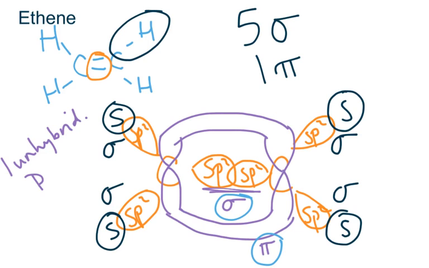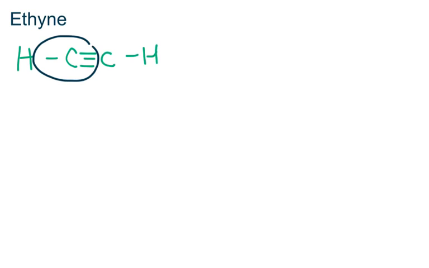All right, so we have one last example, and this is ethyne. Ethyne has a triple bond between the carbons. This time each carbon only has two areas, or two things attached. So the hybridization for each carbon is going to be sp.